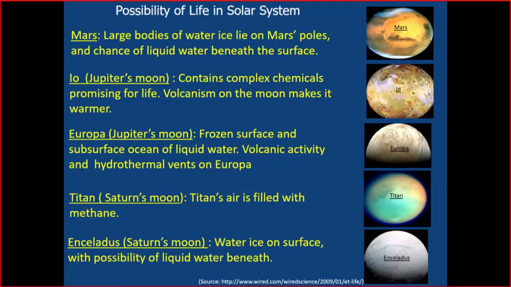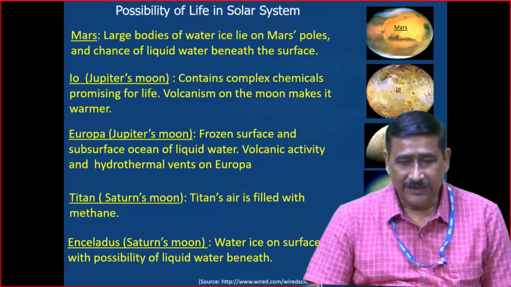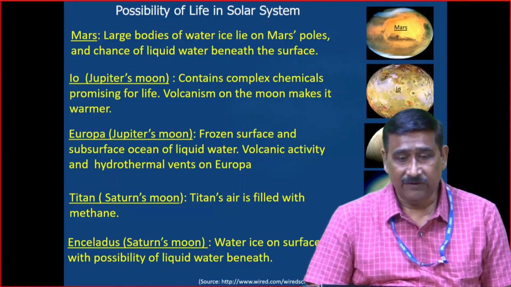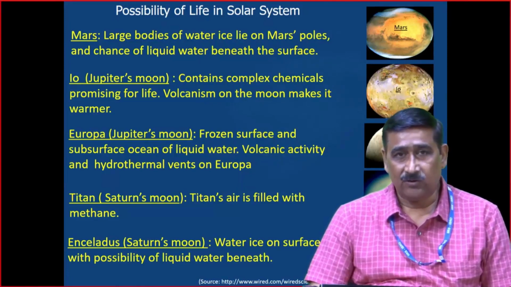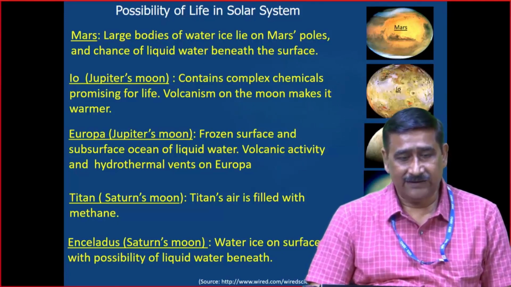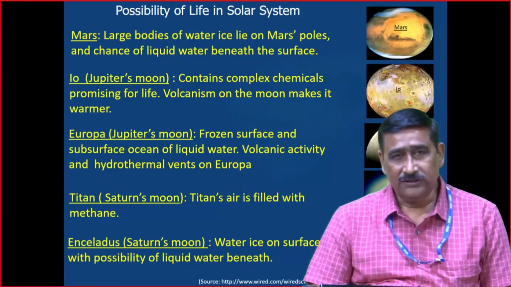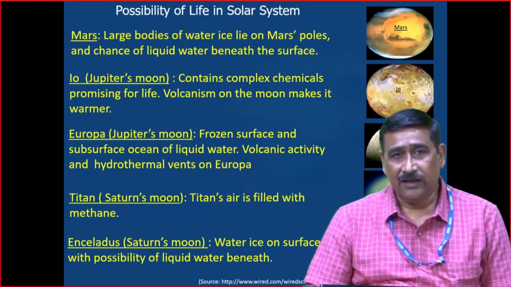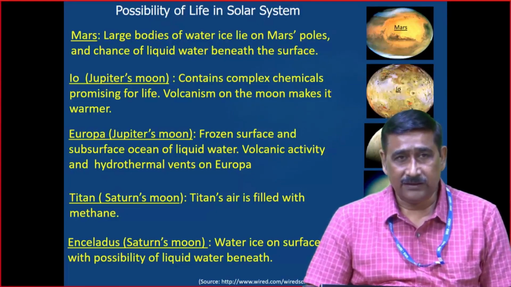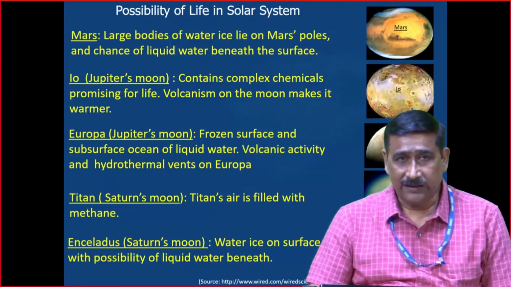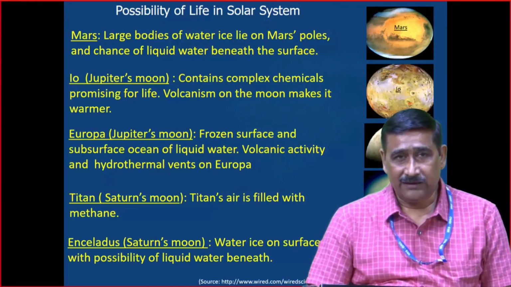Titan, Saturn's moon, is very similar to Earth in size, and there is a high chance that it can have life because methane has been found there. And Enceladus, Saturn's moon, also has a possibility. So these are some hotspot areas where further research is being done to probe where we can find life.